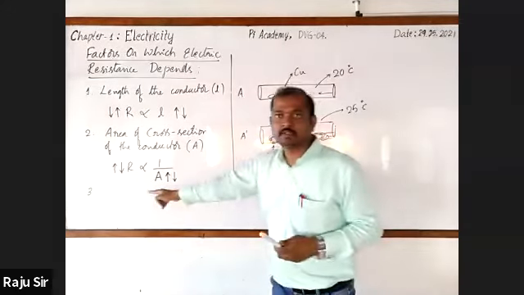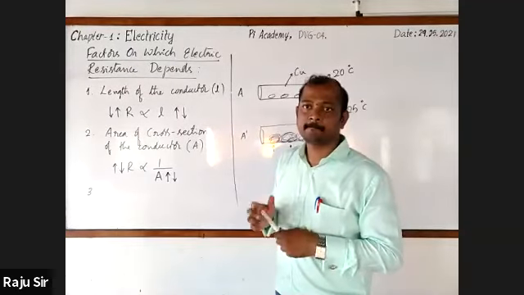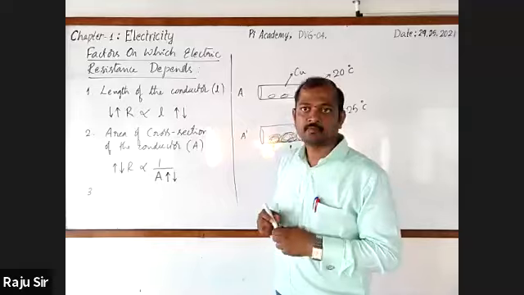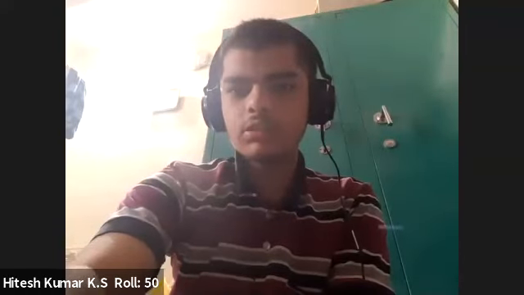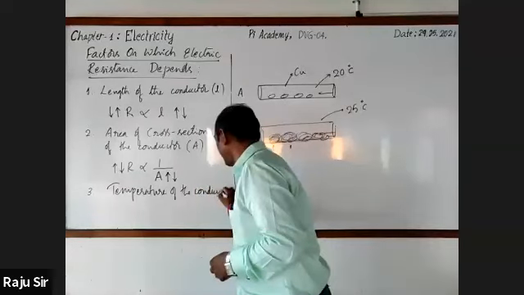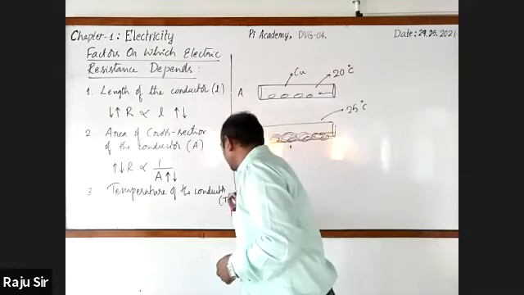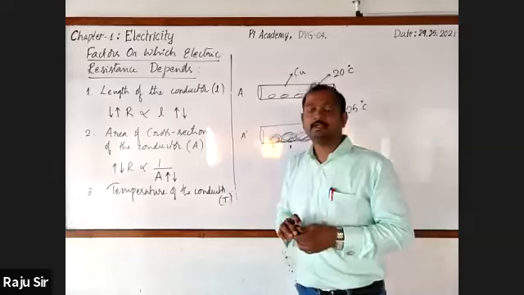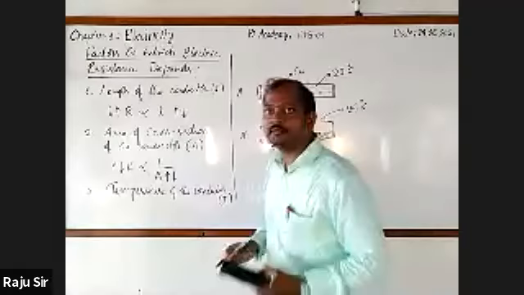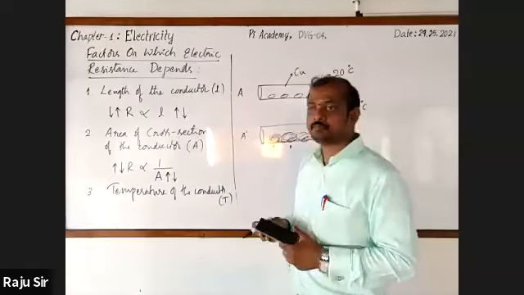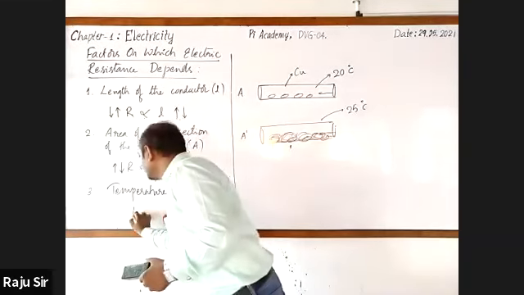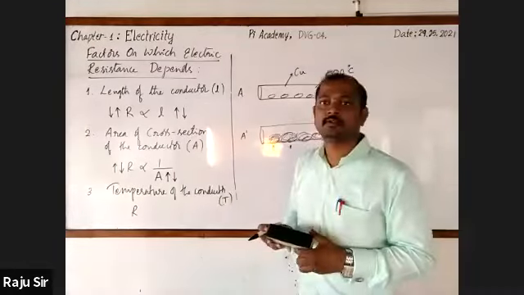So what is the third physical quantity? Temperature of the conductor. Temperature rises, resistance also rises. Temperature of the conductor, in bracket you may write capital T. Then how does it depend, directly or inversely?